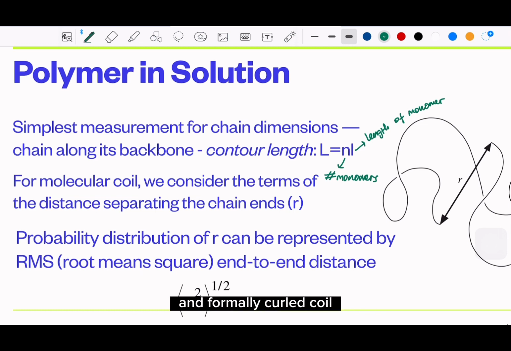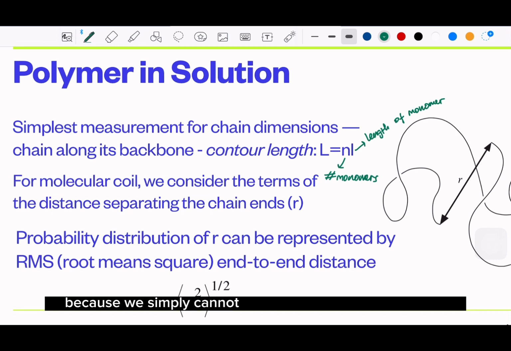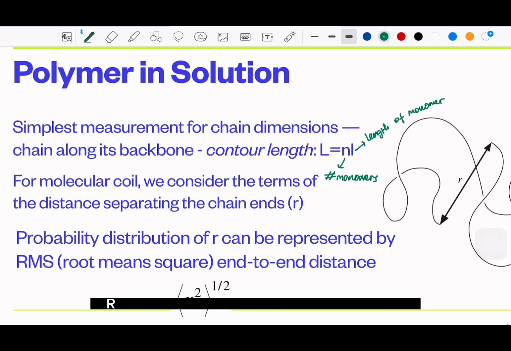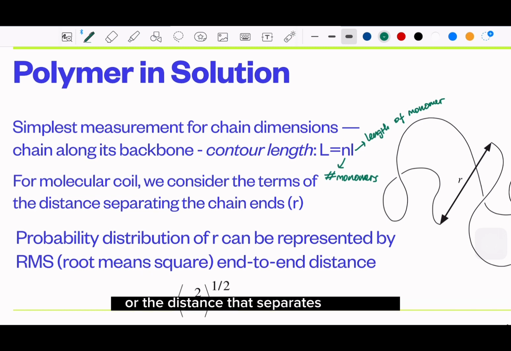And for a molecular coil, we simply cannot see the length in between, right? Because this coil is really random. So we use one parameter, which we call R. R is the distance between two chain ends, or the distance separating the chain.